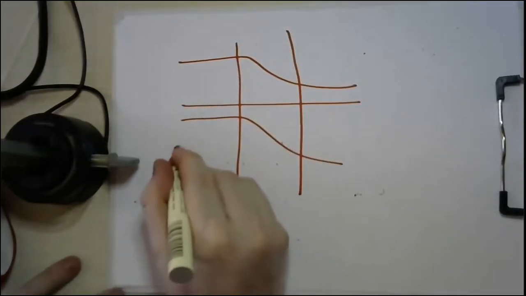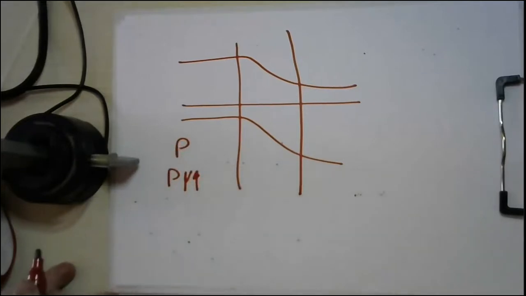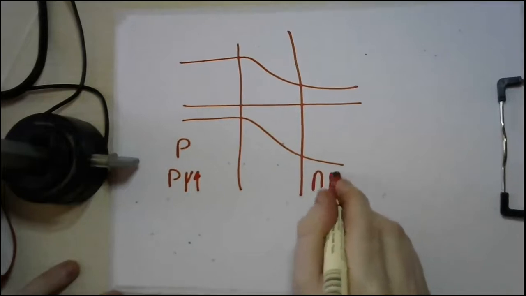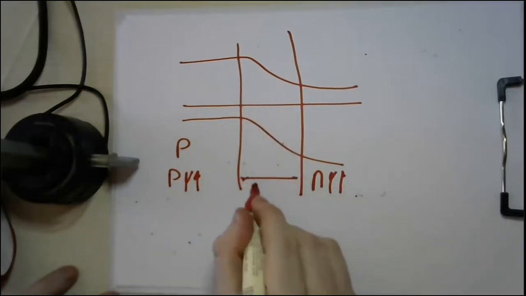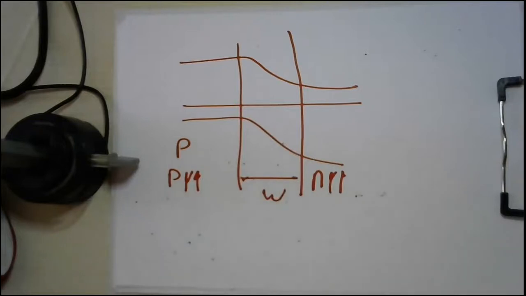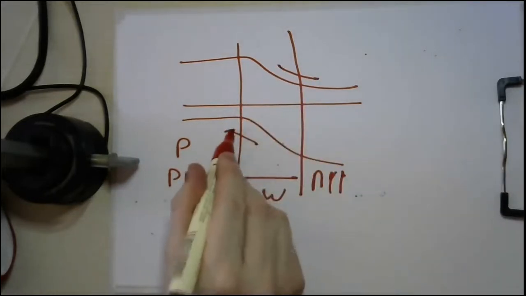This is the p-type region, where you have a lot of holes. This is the n-type region, where you have a lot of electrons. And this is the depleted region, where there are no electrons and holes, because simply electrons will go to this side and holes will go to this side.